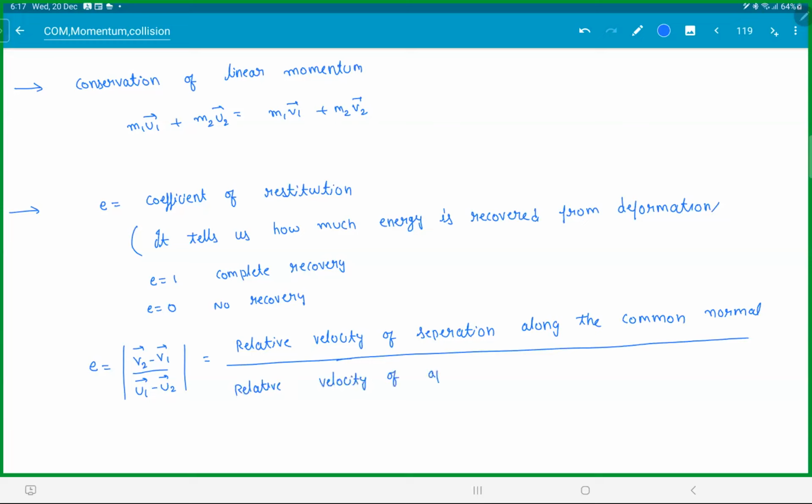Relative velocity of approach, that is the initial relative velocity along the common normal. So all collisions, we can solve using these two concepts here. Have a look at this.